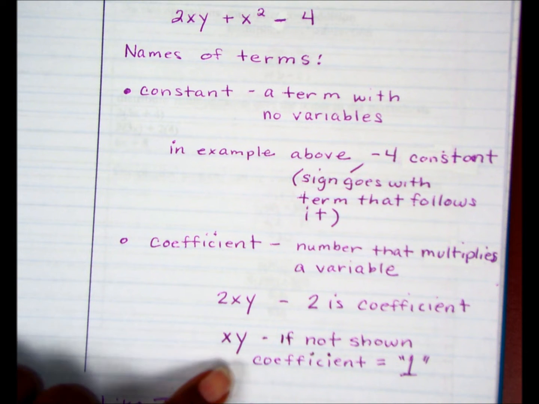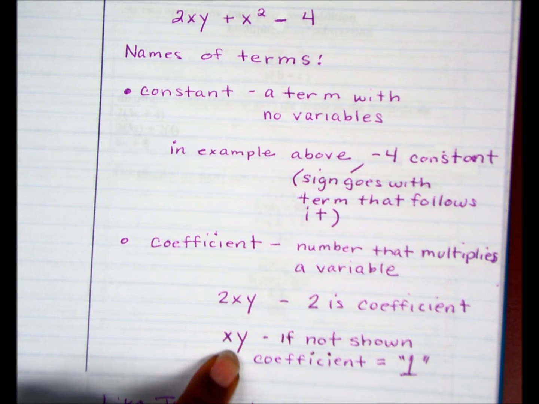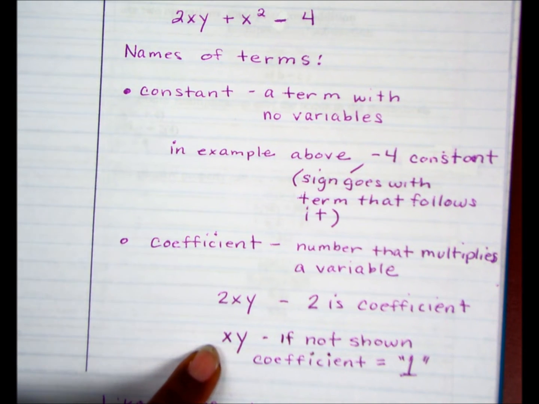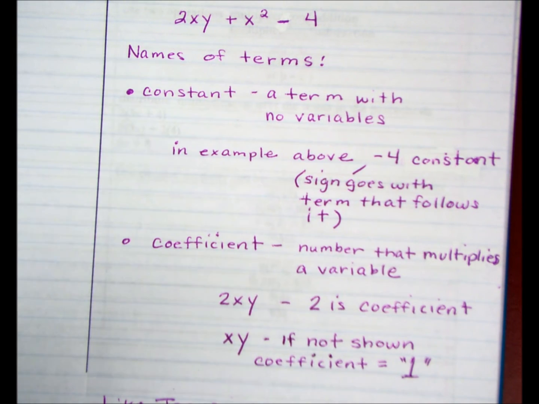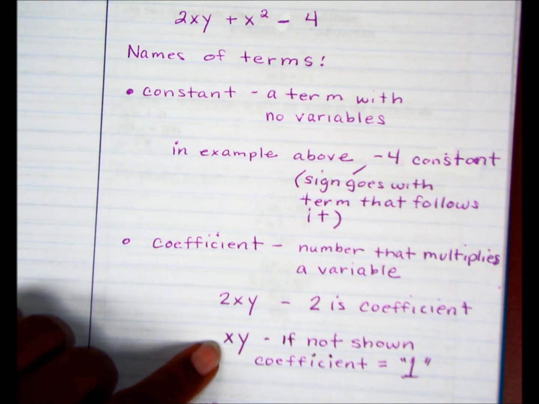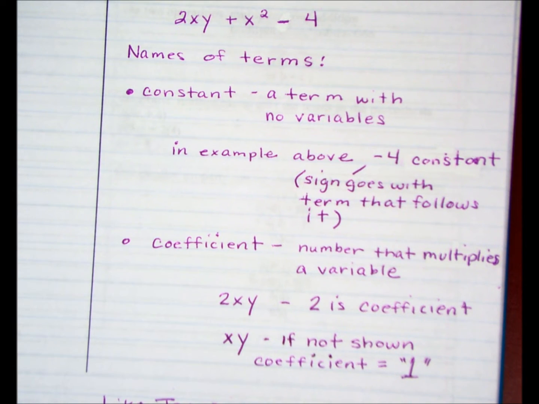Now, if there is no variable shown, like in this one, xy, if there's no coefficient shown, then that coefficient is 1. And you need to remember that, because when you go to add or subtract, you need that 1. So if there is no coefficient shown, that coefficient equals 1.